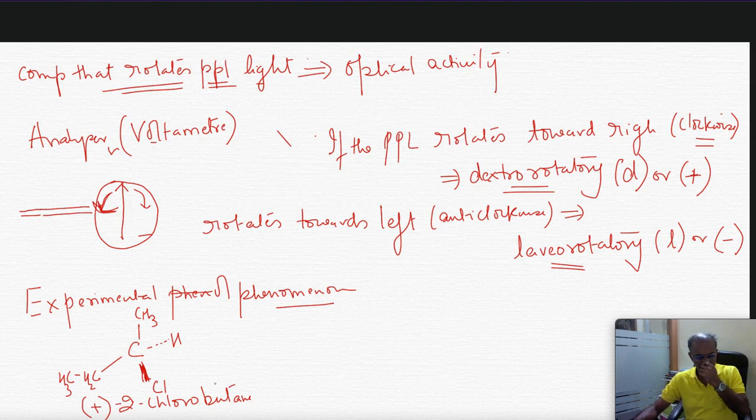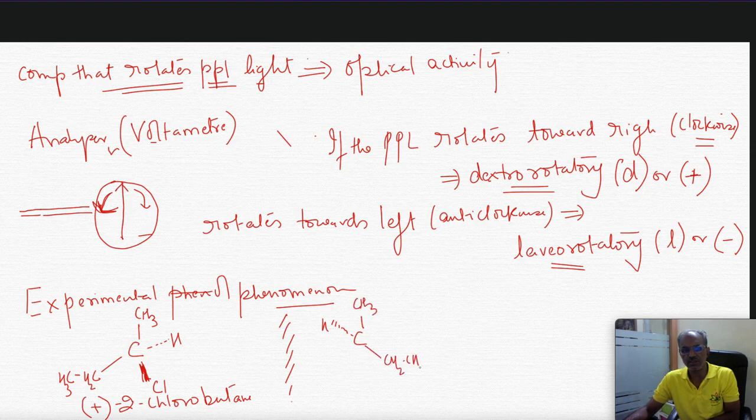Now, how has this plus come? Only by experiment. For us, it has an asymmetric carbon atom, so it will rotate the plane polarized light. Now, in this case, this 2-chlorobutane is rotating the plane polarized light in the clockwise direction. Therefore, it is plus. Similarly, if I take the mirror image of it, it will show the opposite. H, CH3, then CH2CH3, then Cl. This is nothing else but minus 2-chlorobutane.